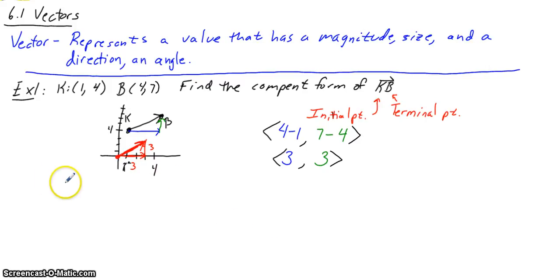So the magnitude of vector KB is just the square root of 3 squared plus 3 squared.